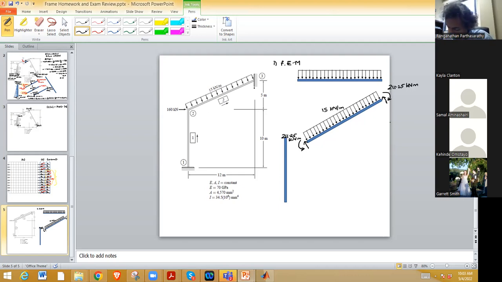You have 15 kilonewton per meter on 13 meters, so you have 195 kilonewton, and half of this is 97.5. Okay, so this you need to break up into two components. So you have your 97.5. Just a second.